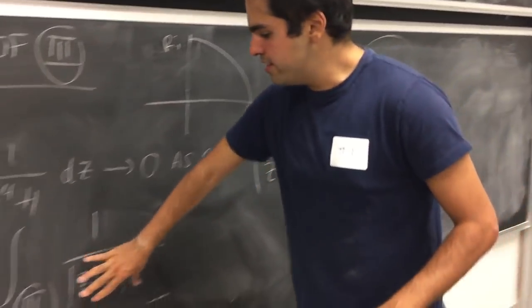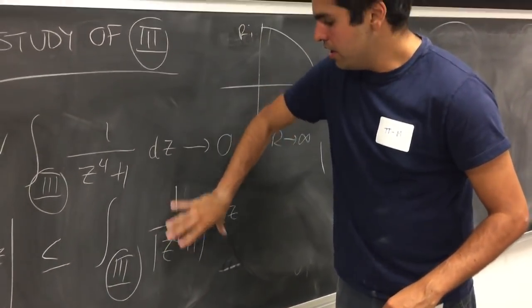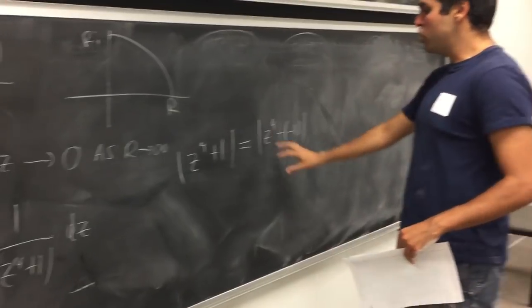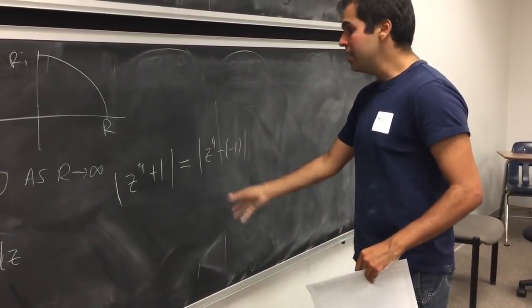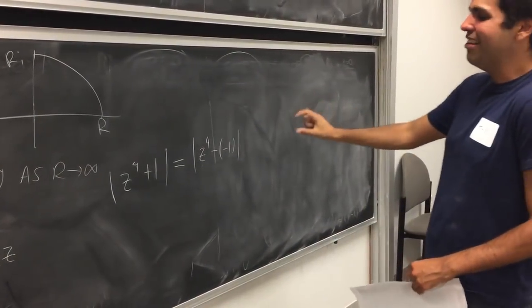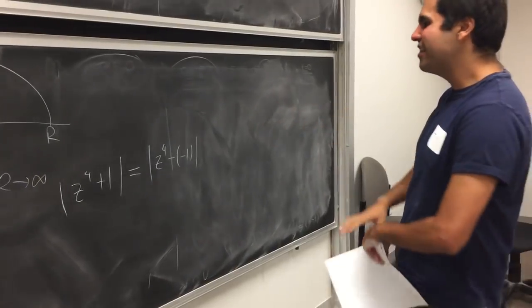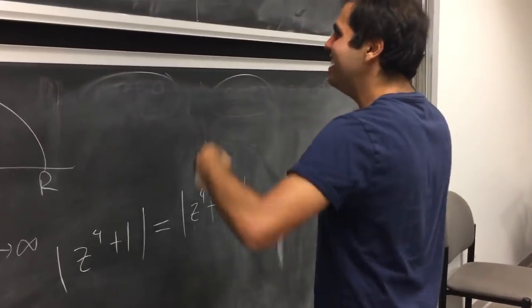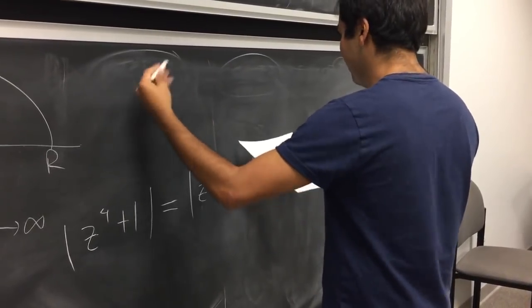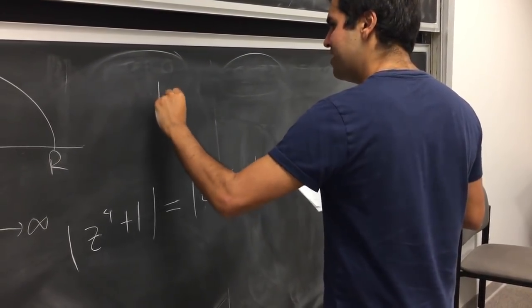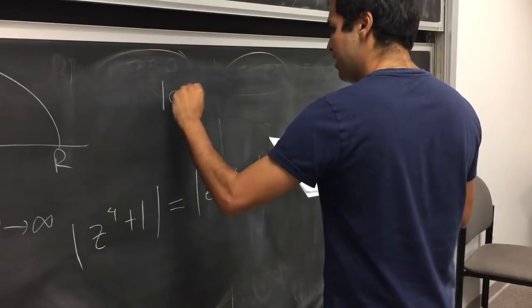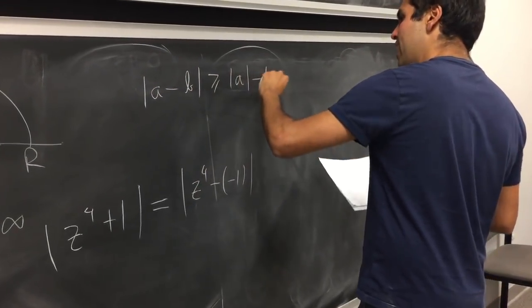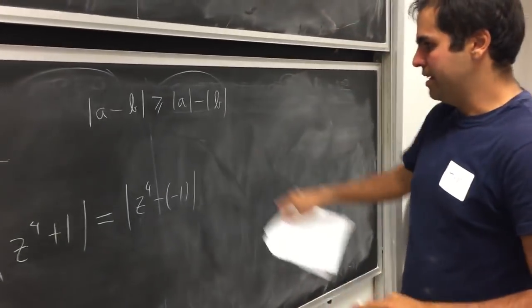We want to show that 1 over this is smaller than something, so we have to show that this is bigger than something. And there's just one inequality that says something is bigger than something else. It's not the triangle inequality, it's the anti-triangle inequality, if you want, that says the absolute value of a minus b is greater than or equal to the absolute value of a minus the absolute value of b.